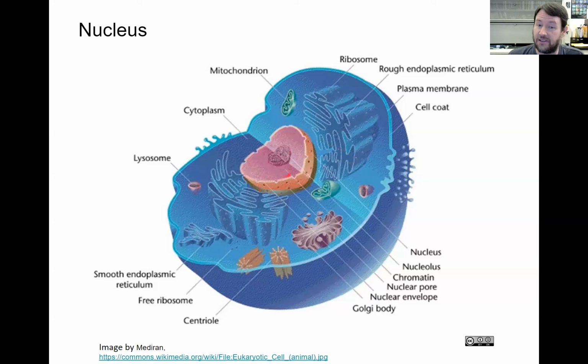So the nucleus is the control center, and you'll notice that it has a covering. It's encapsulated in a membrane, and it's actually a double bilayer membrane. So there's actually 4 layers of phospholipids, and each pair of them would be a phospholipid bilayer. We have a special name for the membrane surrounding the nucleus.